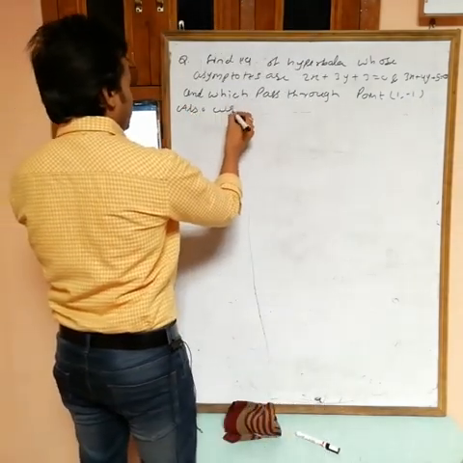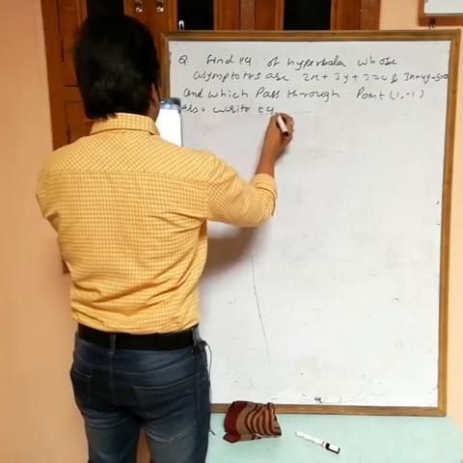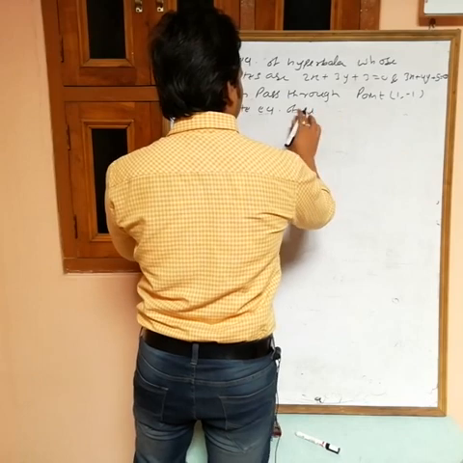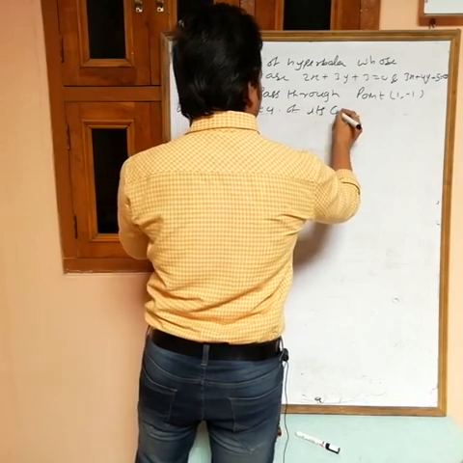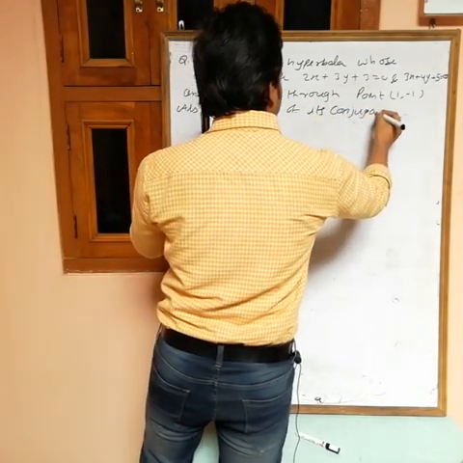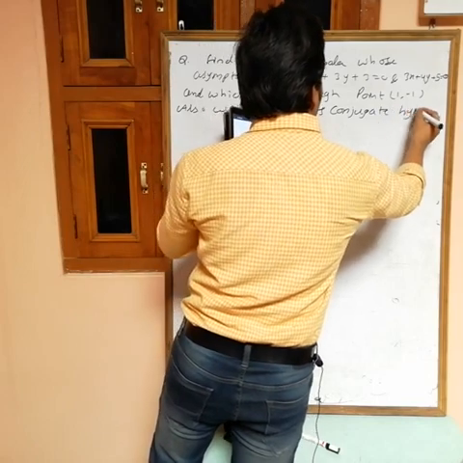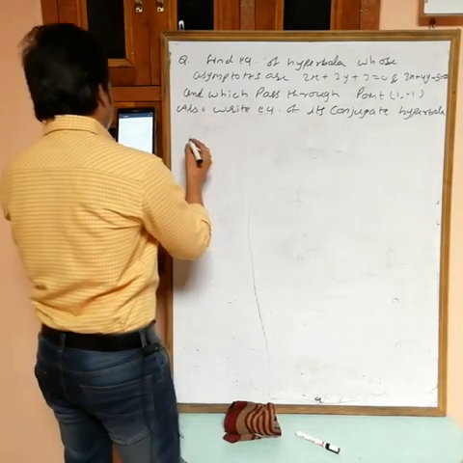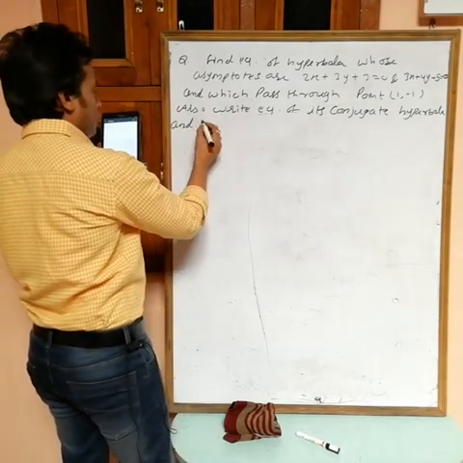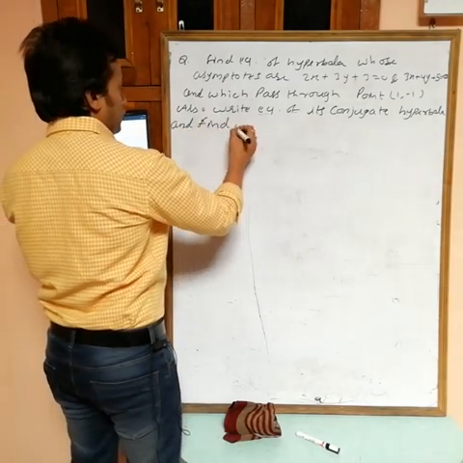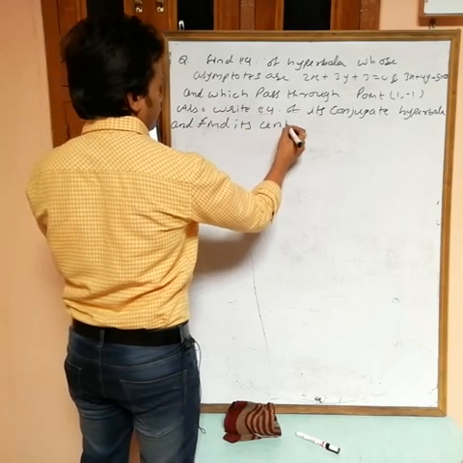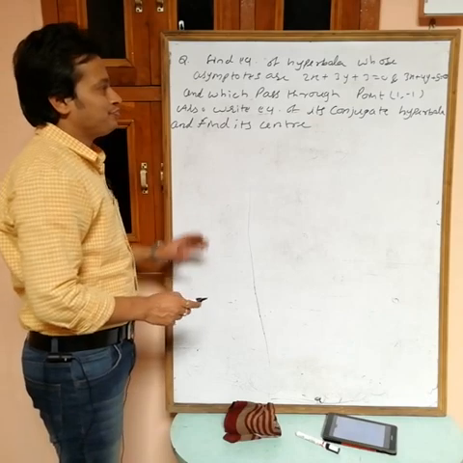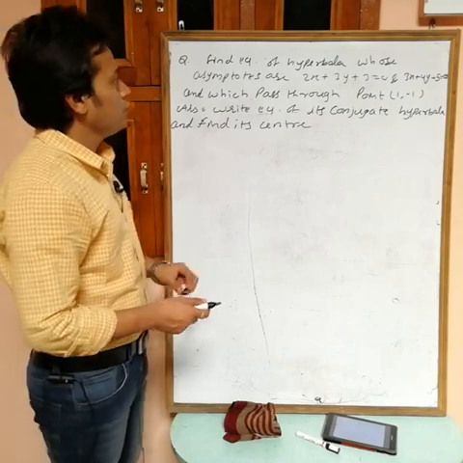Also write the equation of its conjugate hyperbola and find its center. Actually in this question we are taking all the theories related to asymptotes.